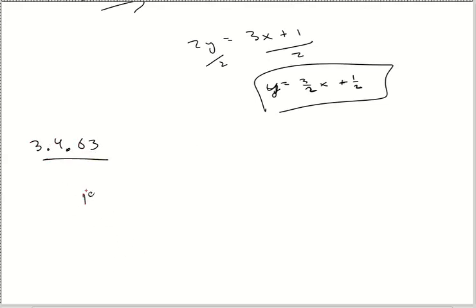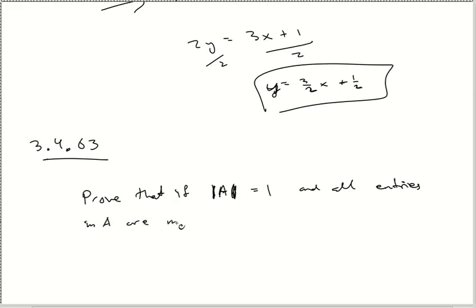So here we go. Prove that if the determinant of A equals 1, that looks really sloppy. The determinant of A equals 1, and all entries, they say entries, I say elements, in A are integers.